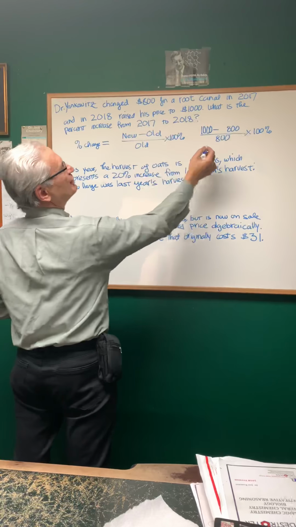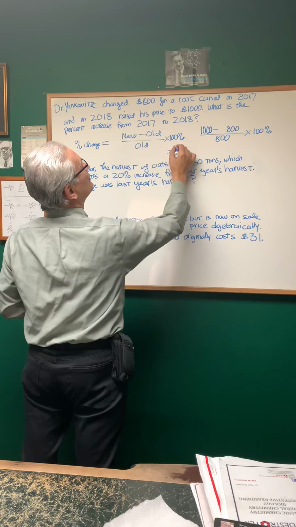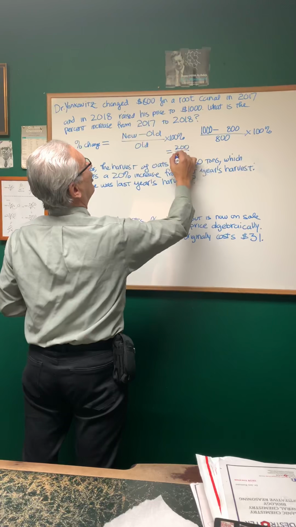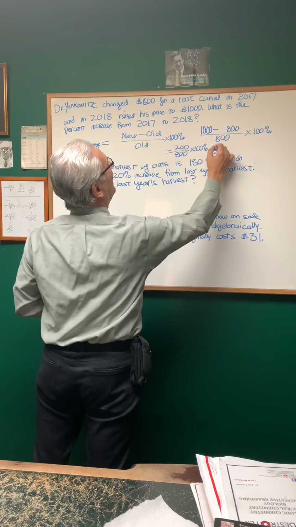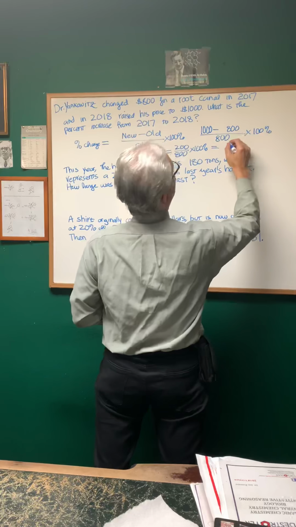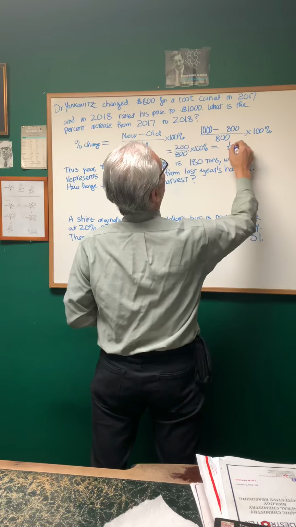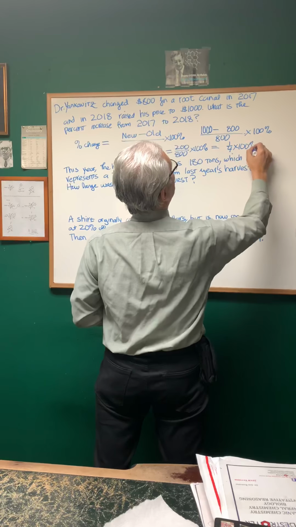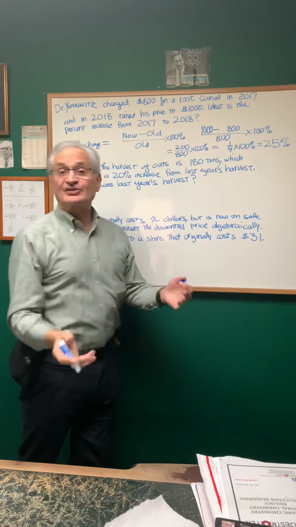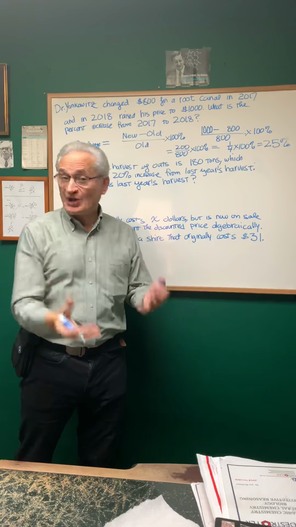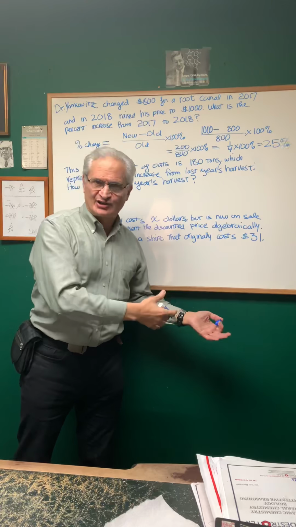Okay, and we just turn the crank. 1,000 minus 800 is 200 over 800 times 100%. And what do we get here? This comes out to be 1/4 times 100%, and that equals 25%. So the $1,000 represents a 25% increase over last year's price.